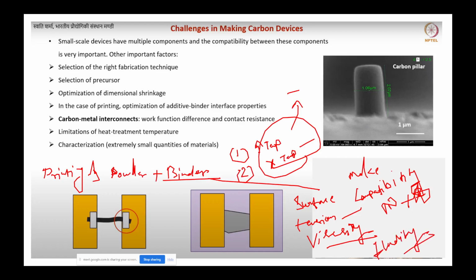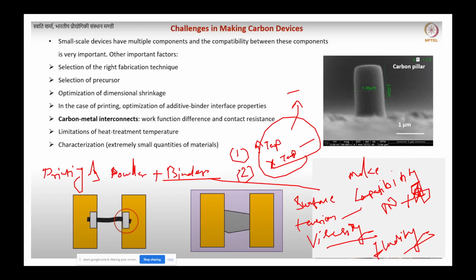So these are properties you must optimize when you mix the binder. Otherwise, if it is very viscous, it cannot print smoothly, and if it is very dilute, it will be messed up all around.